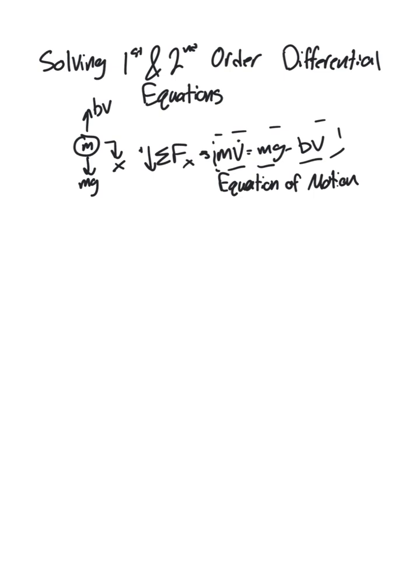In this case, our output of the system is velocity. So we're going to want to group everything that's a function of the variable we're interested in on the left-hand side of the equation. So we'll rewrite this as m v dot plus bv is equal to mg. This is the standard way of writing that differential equation.